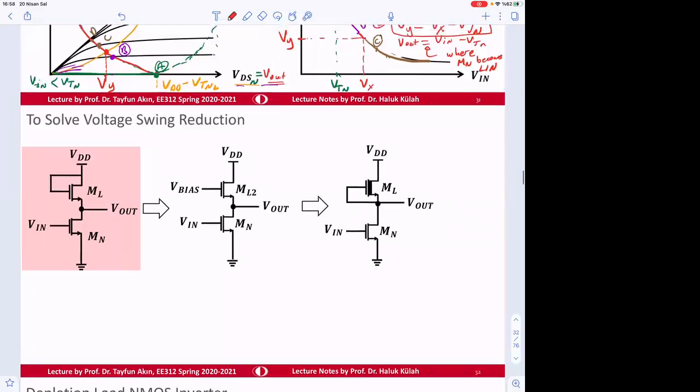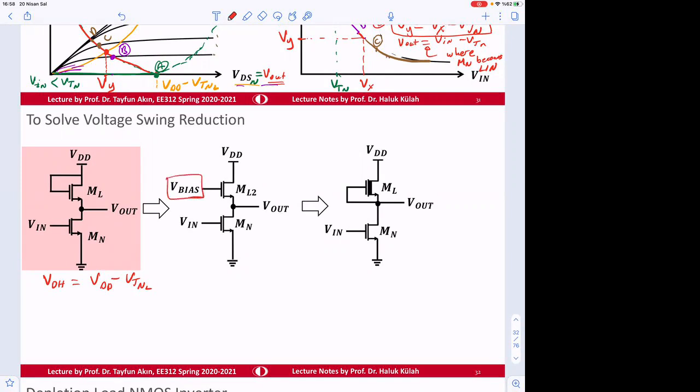you know, this is then a way to do this, but we noticed that here we output high is equal to VDD minus V threshold of NL. Okay, so that's not good.